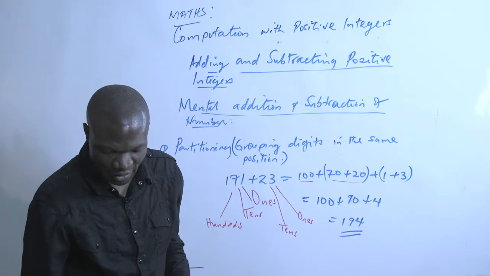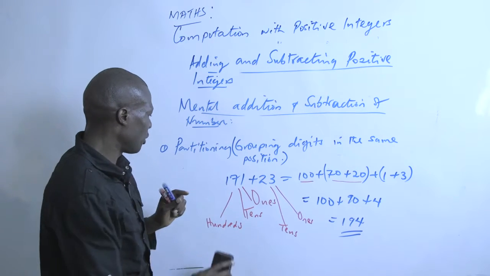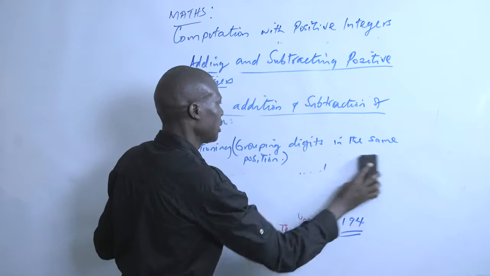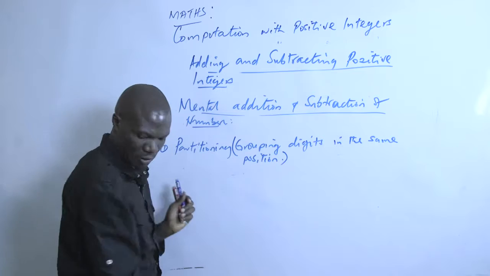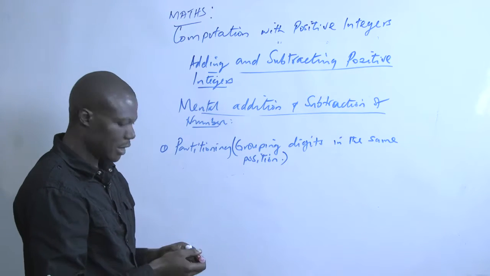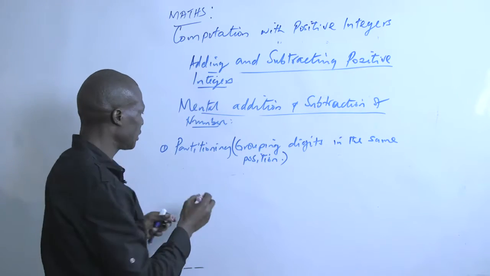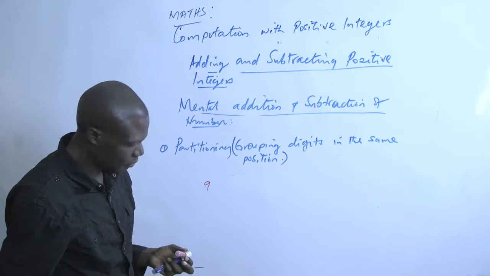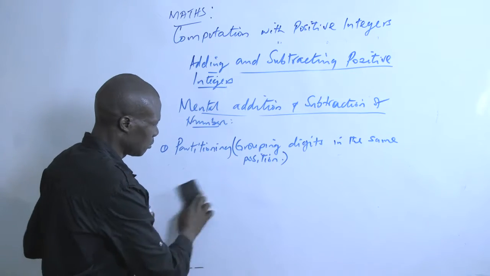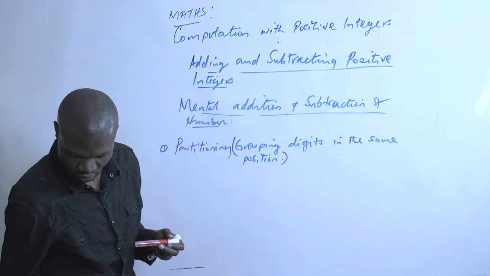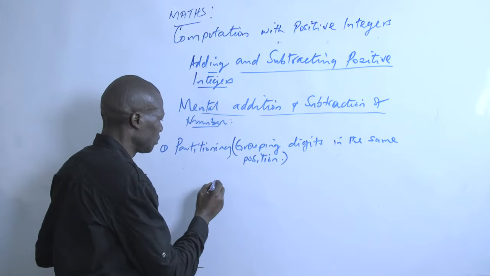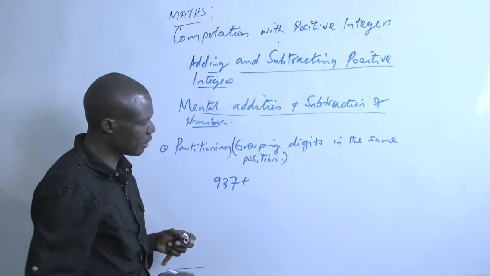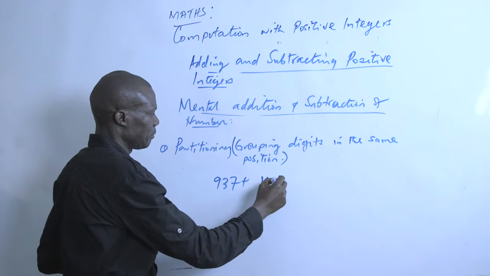Let us look at another example related to positioning or grouping digits in the same position. Let us take 937 plus 11.